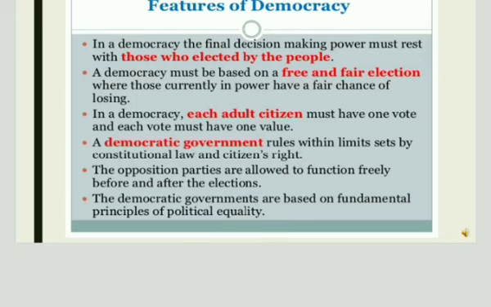The opposition parties also function freely before and after elections, and there is heavy debate in the parliament between the ruling party and the opposition party. A democratic government also has some fundamental principles of political equality. Thank you.